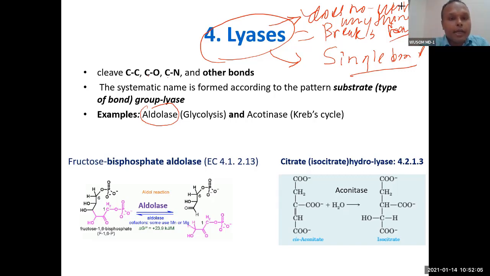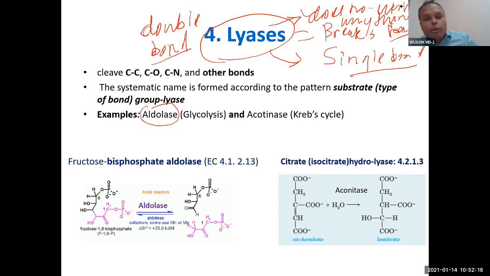No, it can be involved in double bond also. So that is the one thing that I deviated from. When a double bond is broken, it is also lyase that will break the double bond. Understand that. So it will break bonds between carbon-carbon, carbon-oxygen, carbon-nitrogen. These are lyases.